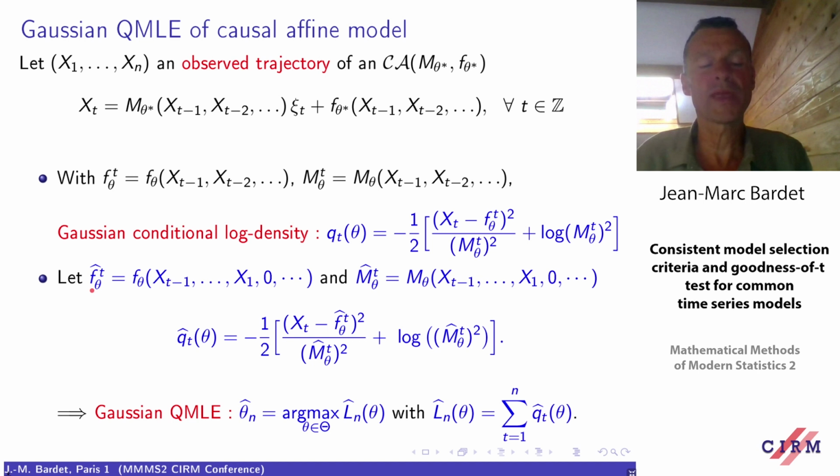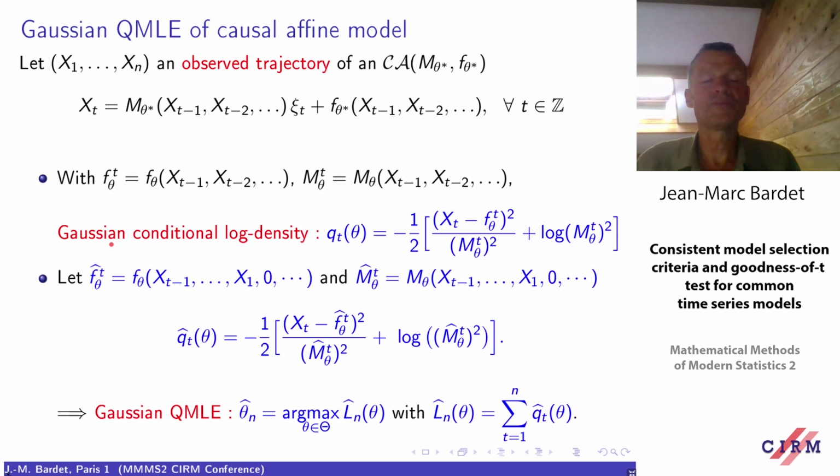In this way, we obtain an approximation of f_theta^t, where all the past values before time 1 are replaced by 0. There are other possibilities than putting zeros, but this is generally the most common and easiest way of estimating m_theta^t.